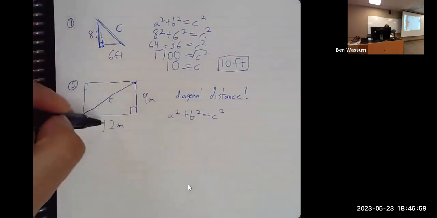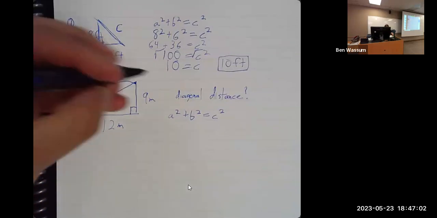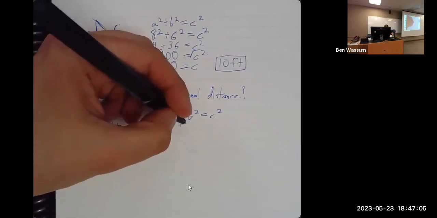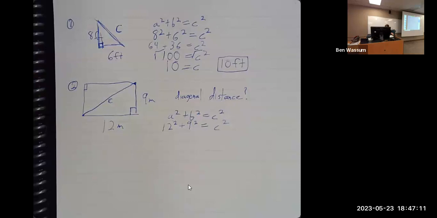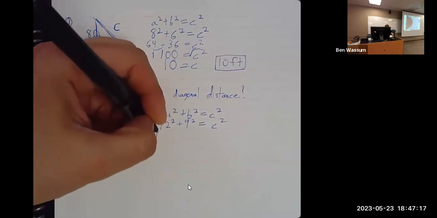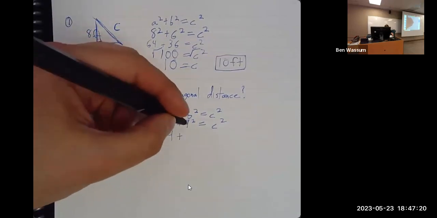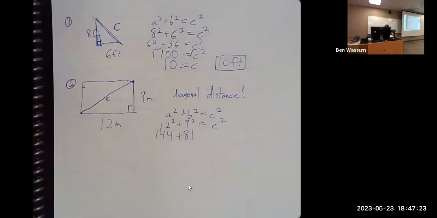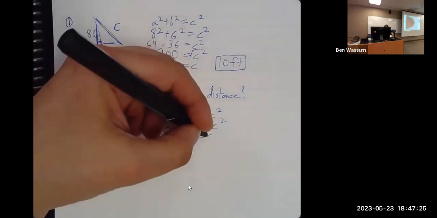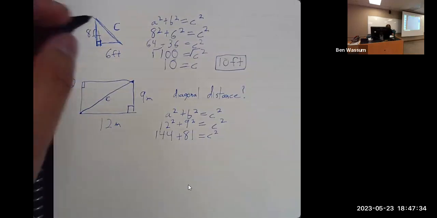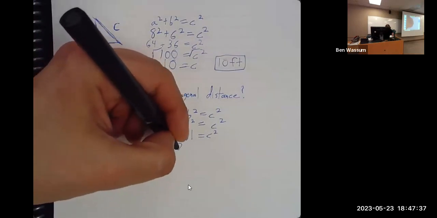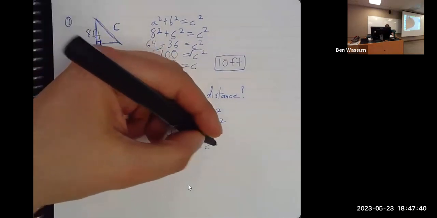So we're going to plug in what we know, which are these two sides, and work it out to solve for that C. So 12 squared is 144. 9 squared is 81. Equal to C squared still. Add these together, we end up with 225 is equal to C squared.